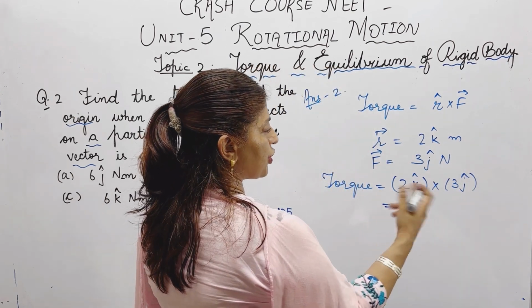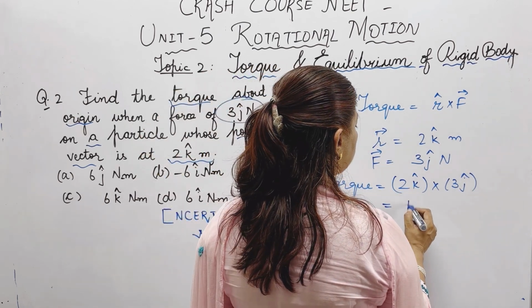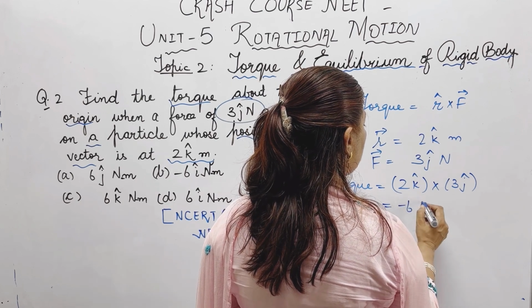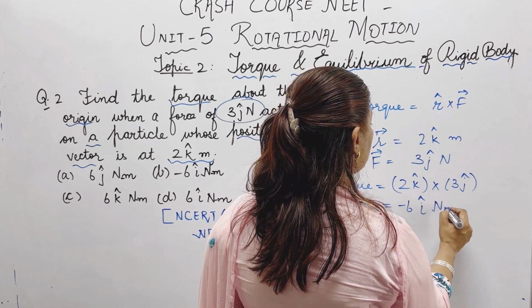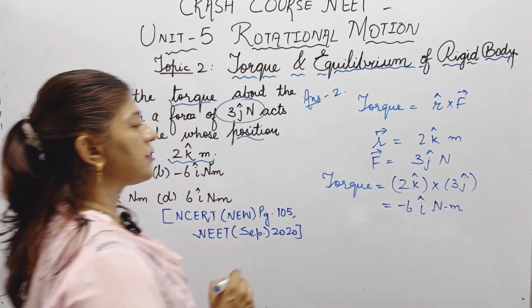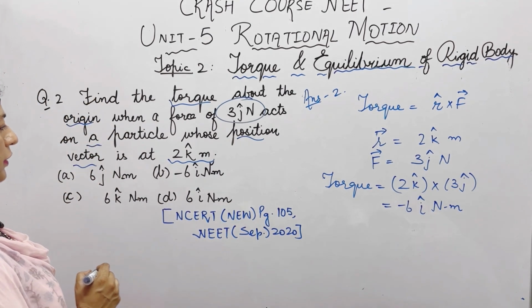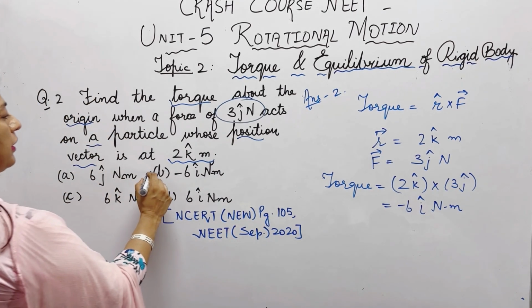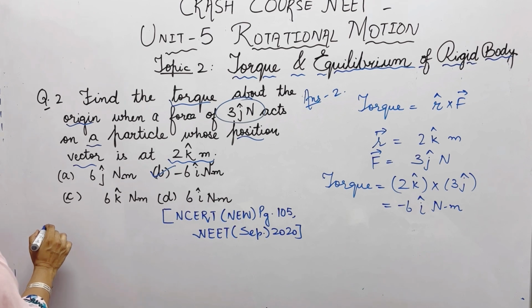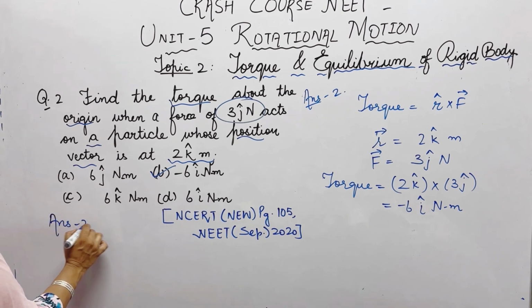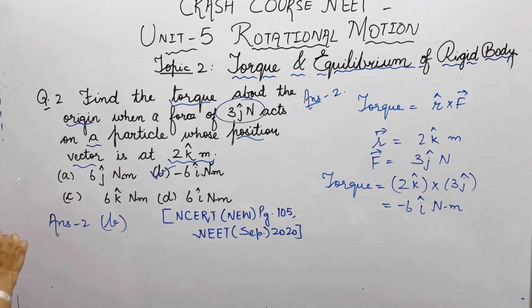K cross j will be minus i, and 2 3s are 6, so it is minus 6i cap Newton meter, and our option number B goes with the solution, and the answer for the second is option B, minus 6i cap Newton meter.